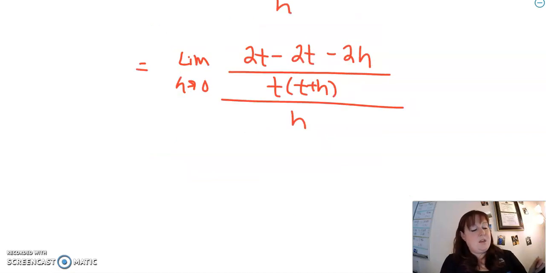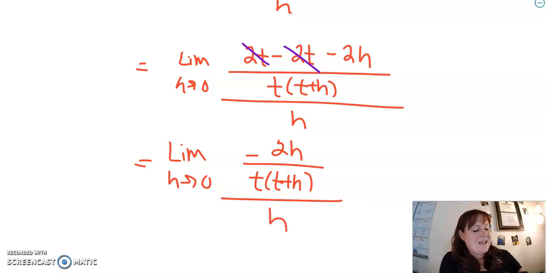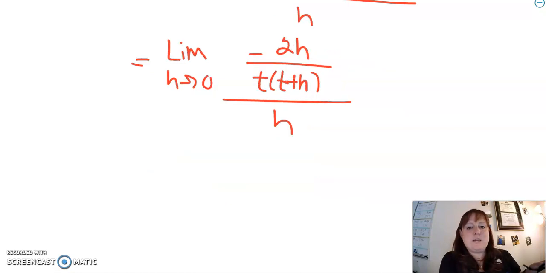Okay. So we notice that I have 2t minus 2t, so those go away. Then we rewrite this as the limit as h approaches 0 of negative 2h over t times t plus h, all over h. And this is so ugly that I'm just going to get that h out of the denominator.